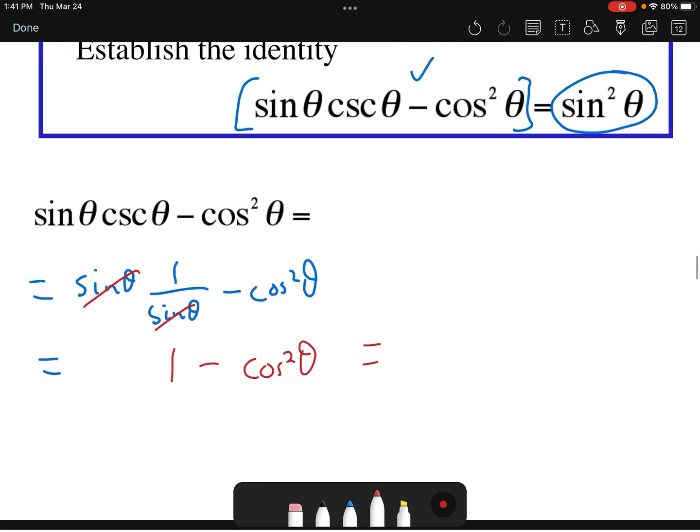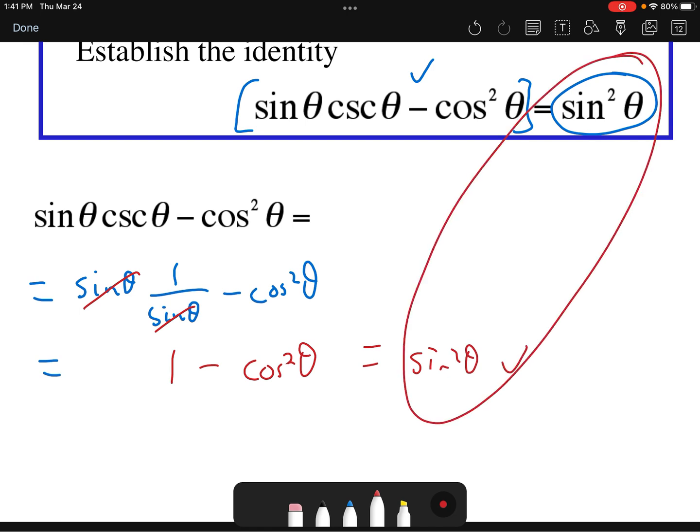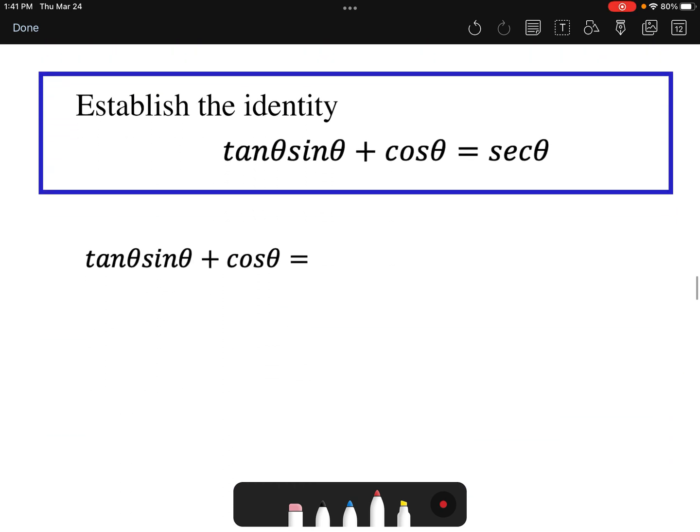And this is one you need to memorize. So that is sine squared theta. And that checks because that was our goal. Oftentimes I get asked the question, is this the right answer? Well, the right answer, guys, is the process of getting to the other side, okay?